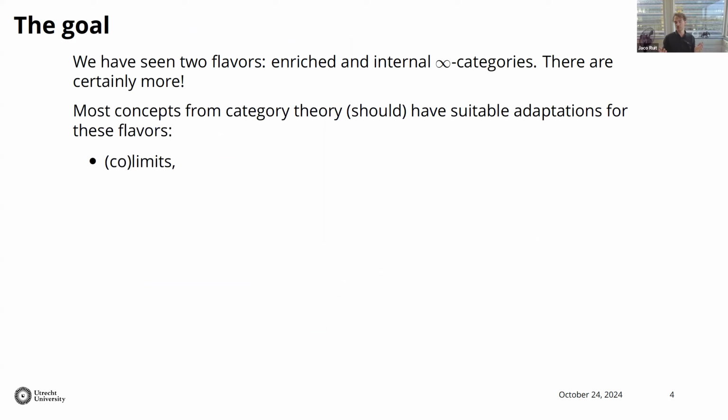So for instance, in these two examples, you would have a notion of enriched and internal colimits, and also variants of Kan extensions, colimit completions, and even fibrations. So maybe fibrations are not as important if you work enriched, but definitely they play an important role if you work internally. So these are all different aspects of category theory that should have some counterparts in these different variants.